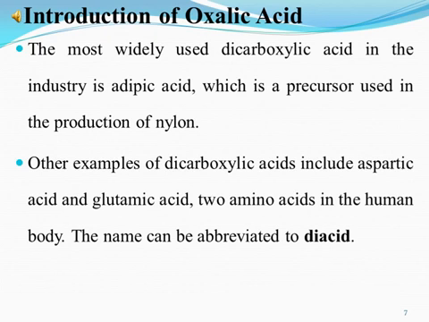The most widely used dicarboxylic acid in the industry is adipic acid, which is a precursor used in the production of nylon. Other examples of dicarboxylic acids include aspartic acid, glutamic acid, and 2 amino acids in the human body, etc. The name can be abbreviated to diacid.